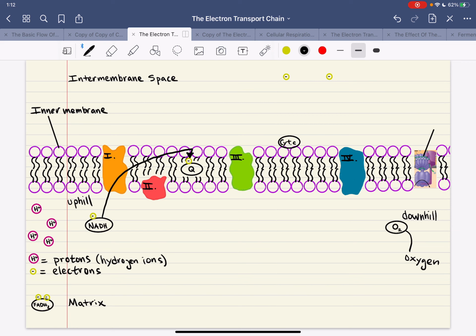And the protein complex is going to use that energy that was released as the electron passed to do something really important for us. And that something is to pump ions across the inner membrane, from the matrix to the intermembrane space. What ion is going to get pumped? Protons, hydrogen ions. So I'm going to move that here.